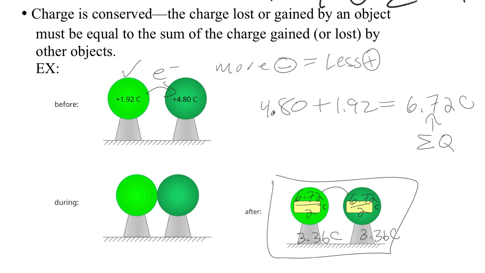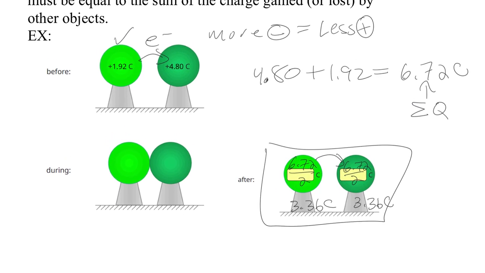Now, the more positive one. But again, the light green one on the left lost electrons to the dark green one on the right. I think I'll ask you that coming up.